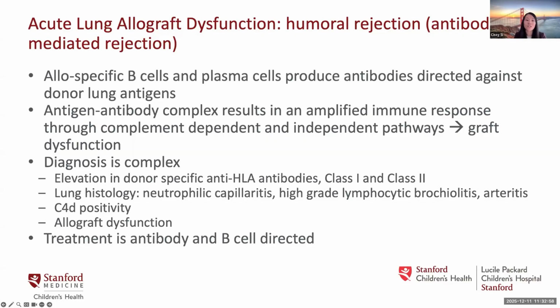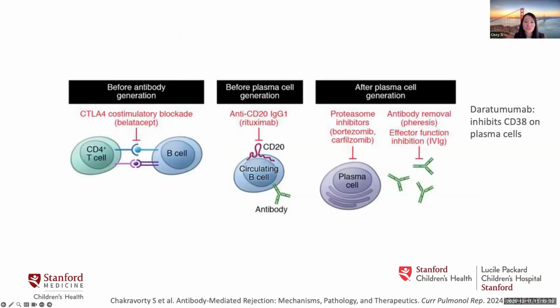For me, at our center, we tend to start treatment, sometimes something as simple as IVIG, before that allograft dysfunction is seen, given that we know that the donor-specific antibodies tend to develop earlier on, before graft dysfunction is seen. And treatment is antibody and B-cell directed.